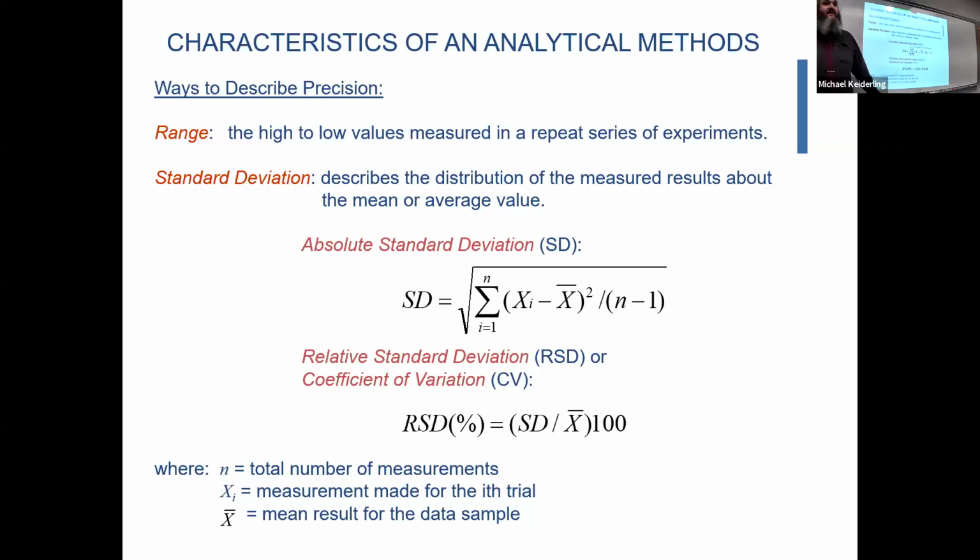So it's just scaling it based on your result to figure out what percentage of the actual value your standard deviation is. I'm not going to make you do any standard deviation calculations by hand because they are awful. That is what software is for.